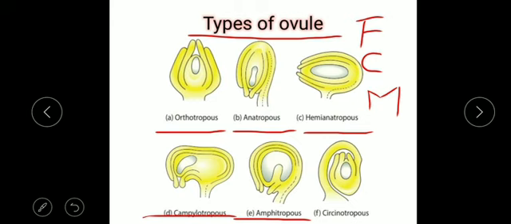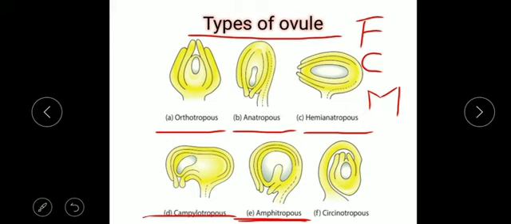So here also you have to remember something which is two in number. The body of the ovule has been curved, and also the embryo sac has been curved. Here it has not been shown as curved, but in amphitropous the embryo sac also becomes curved. So when both the ovule body as well as the embryo sac curve, it is called an amphitropous ovule.